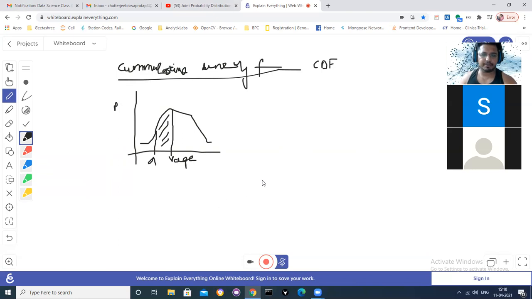The term cumulative probability density itself tells what it is. It is about cumulative, meaning we are adding up everything.